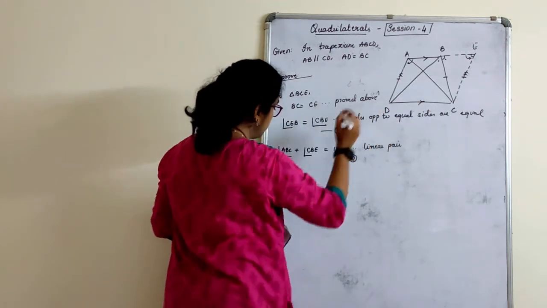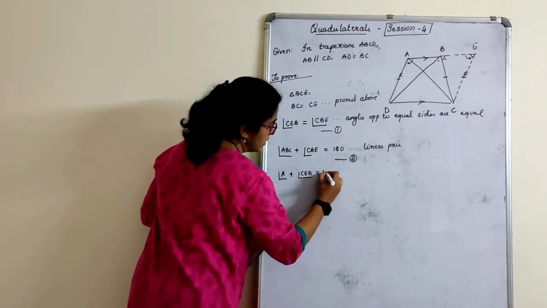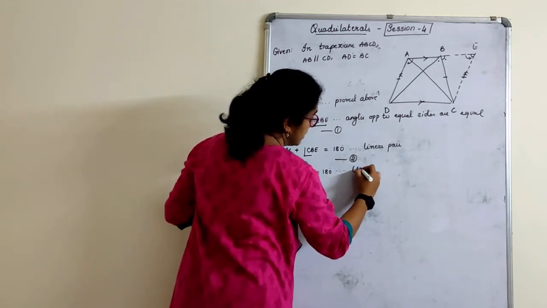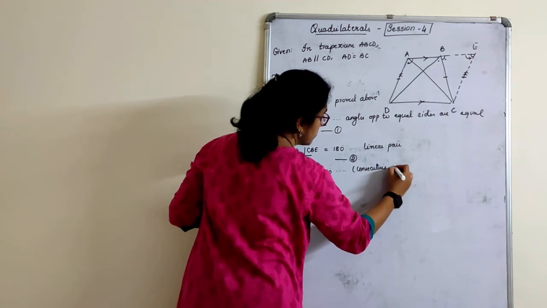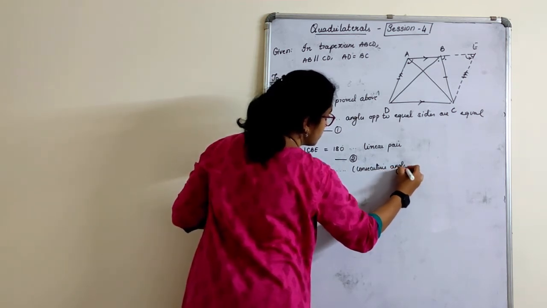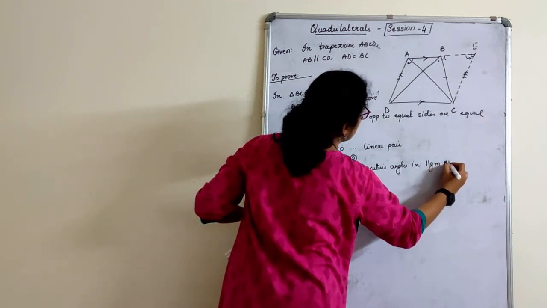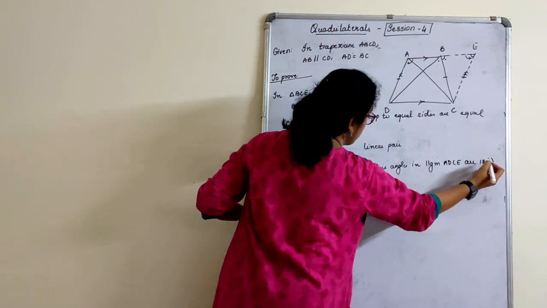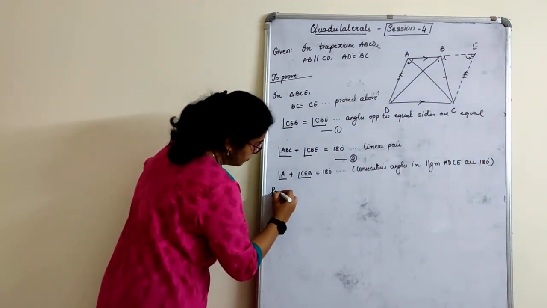Angle CEB is equal to 180. Reason: consecutive angles in parallelogram ABCE are supplementary.